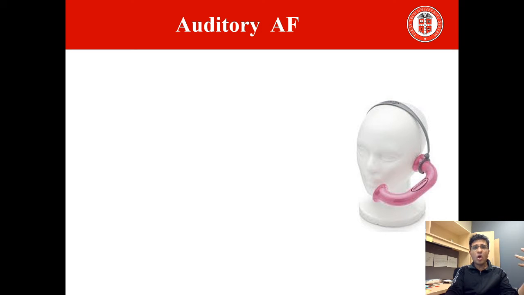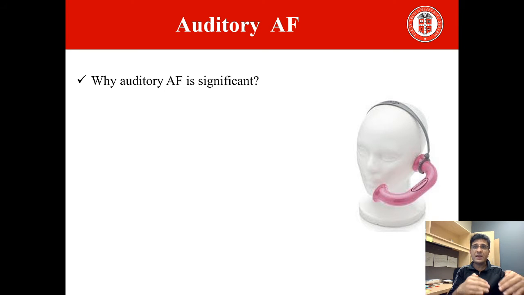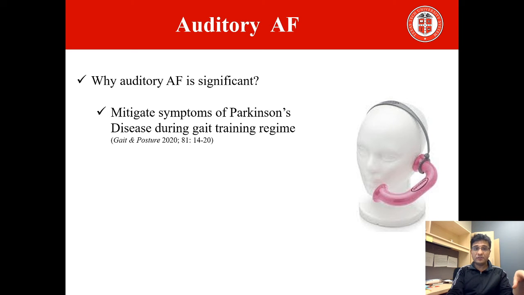If we talk about auditory augmented feedback, this is also important because most of the time the visual sensory modality is overwhelmed. So if we provide auditory augmented feedback, it somewhat provides a fresher perspective of learning things. It helps in Parkinson's disease gait training.